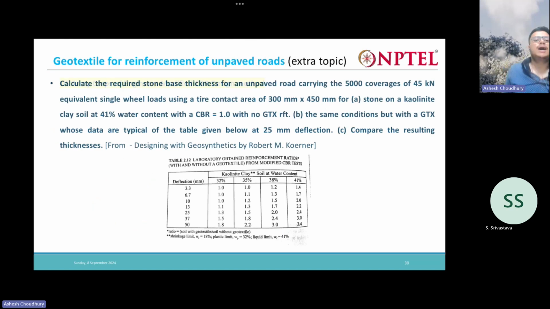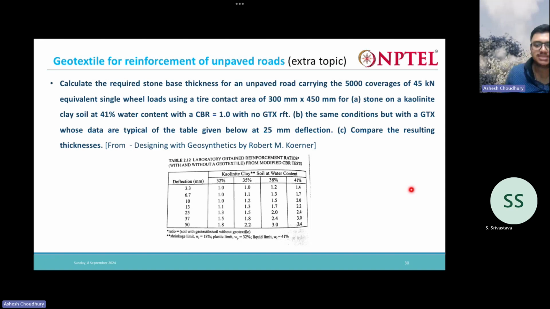Calculate the required stone base thickness for an unpaved road carrying 5,000 coverages of 45 kilonewton equivalent single wheel loads using a tire contact area of 300 mm by 450 mm for a stone on a kaolinite clay soil at 41% water content with a CBR of 1 with no geotextile reinforcement.